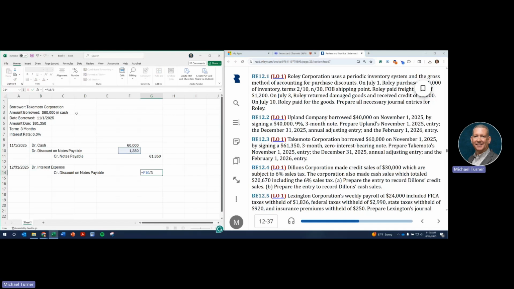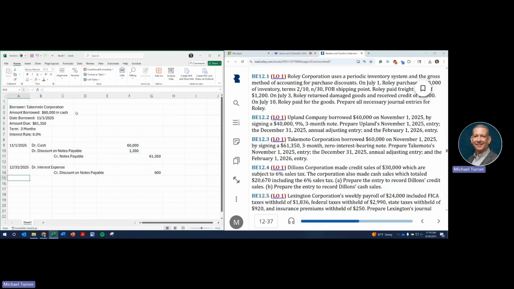So the next question I need to ask is, how many of those months are in 2025? There's 2, November and December. So I'm going to amortize the $1,350 over the term of the loan, which is a 3-month loan. So divide it by 3. And then each month I will record this amortization. And there are 2 of those months, November and December, that need to be captured in the 2025 financial statements.